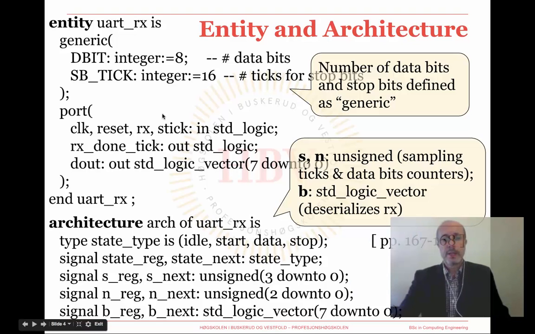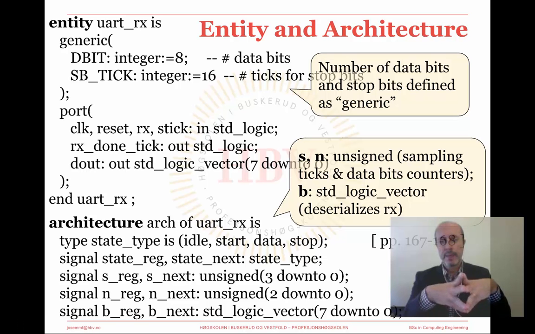So the VHDL description of the UART receiver can now be built quickly from the ASMD chart that has just been presented. And the entity and the signals declared in the architecture body are presented in this slide, which will be followed by one slide addressing the state and data register segment, and then by 4 slides presenting the next state and data path segment, where each slide corresponds to one ASMD state.